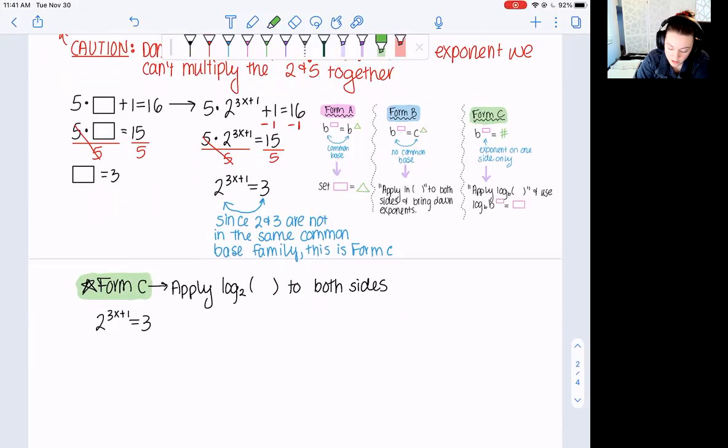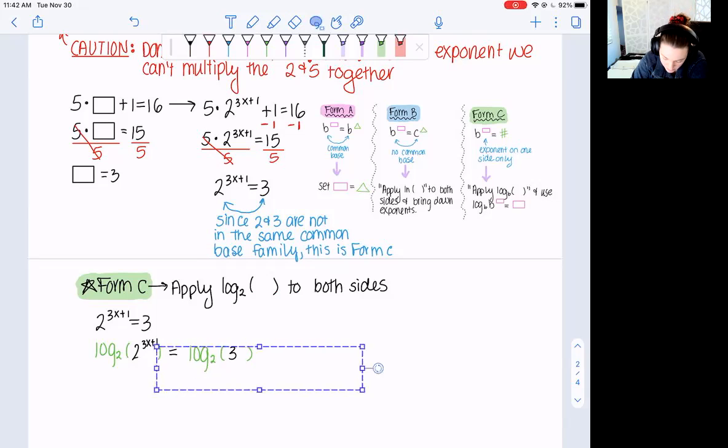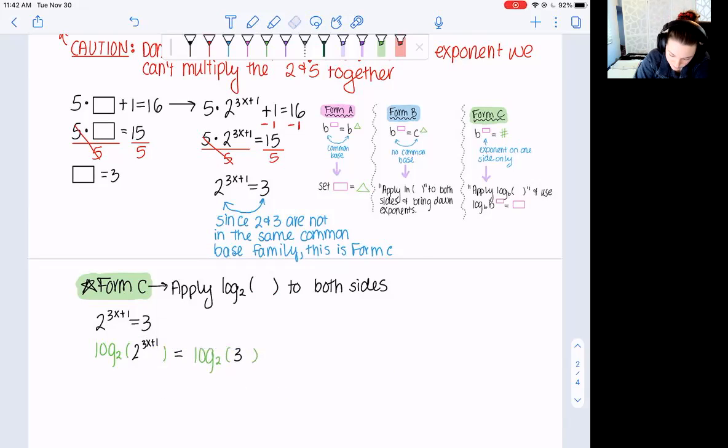Applying log base 2 to both sides, you get log base 2 of 2 raised to the 3x plus 1 is equal to log base 2 of 3.